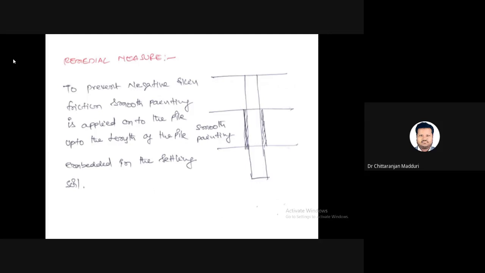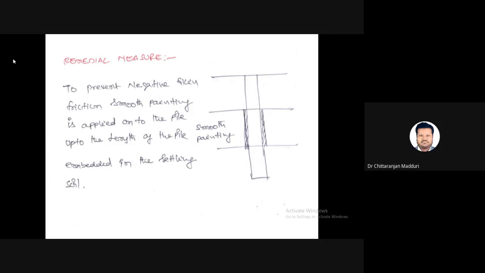Now, remedial measures. To prevent negative skin friction, a smooth painting is applied onto the pile up to the length of the pile embedded in settling soil. Only the zone in which the compressible layer exists should have the smooth painting.